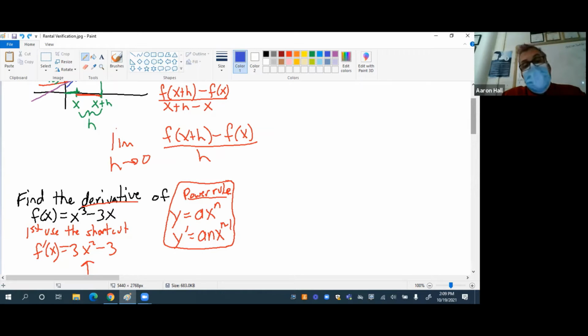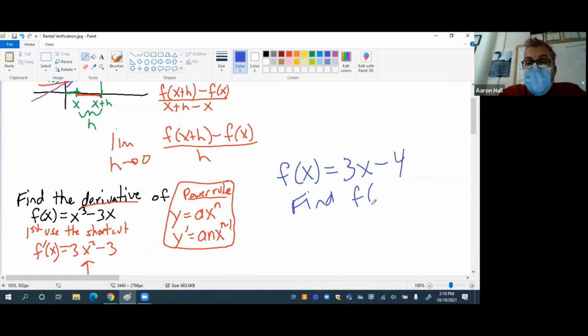Let's say that again. If I'm trying to find f of, say f of x equals, let's make it simple, let's just make it linear, like 3x minus 4, and I want to find f of 2, how do I do it? Yeah, I just plug that value of x into the equation.